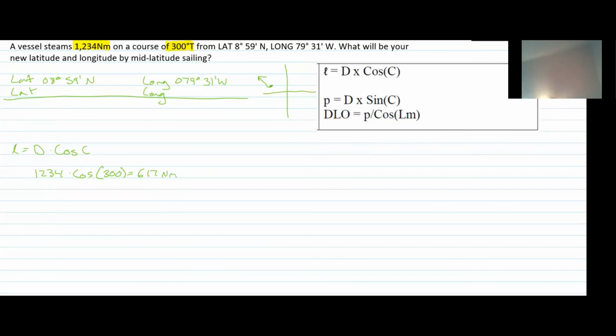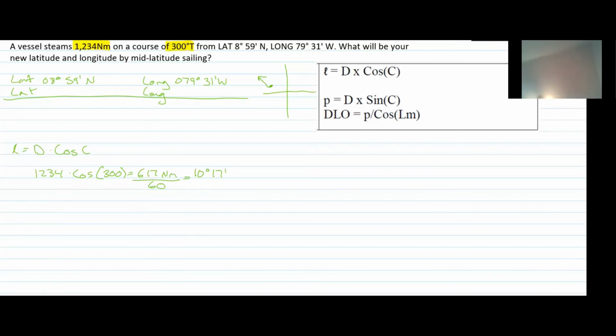So in order to convert nautical miles to degrees, you'll need to divide by 60. You can keep the 617 in your calculator and just hit divide by 60 to type it in. This equals 10 degrees 17 minutes.